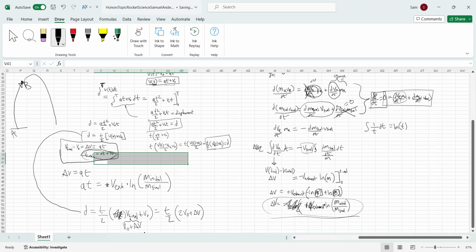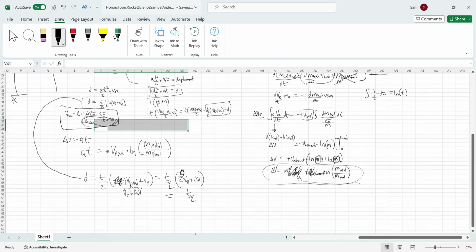What is the initial velocity of a rocket that's been standing still on the launch pad? That will be equal to 0. There is 0 velocity there, right? And so we get time over 2, let me scroll down, times delta V. This will be the displacement of the rocket, and we obtain displacement.